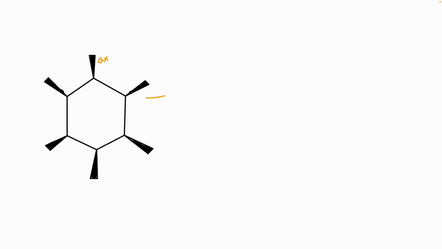I want you to tell me what all of these other methyl groups are going to be in, and then I want you to tell me the same thing after the chair flip has occurred.